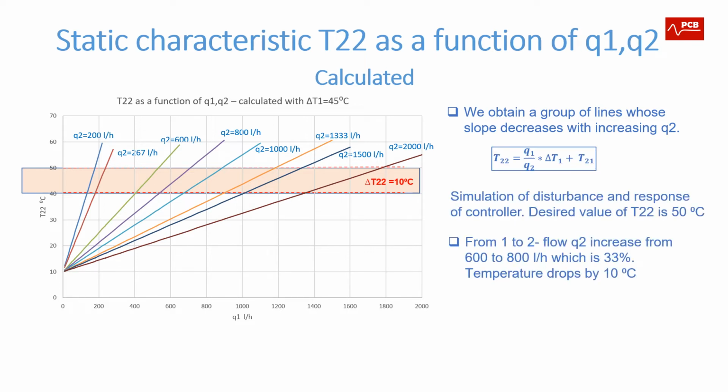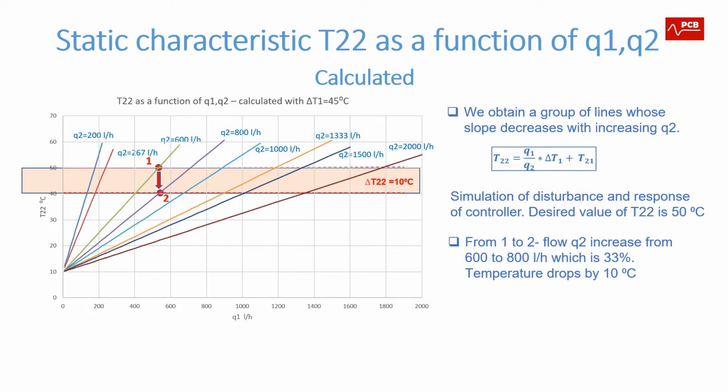If we make a simulation of a disturbance and how the controller reacts to it, let us assume that we are at point number 1, where the secondary flow is 600 liters per hour and is changed to 8 liters per hour.